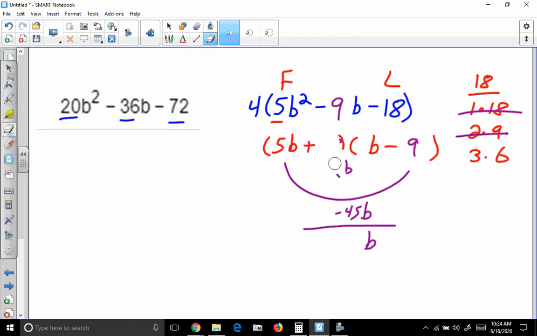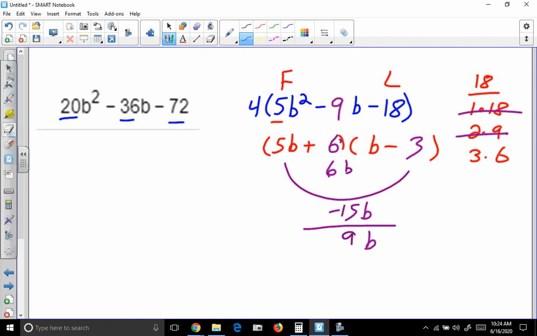So that leaves us with 3 and 6. If this is going to factor, it's going to have to be a 3 and a 6. So let's try a 6 here and a 3 there. 6 times b is 6b. Negative 3 times positive 5 is negative 15b.